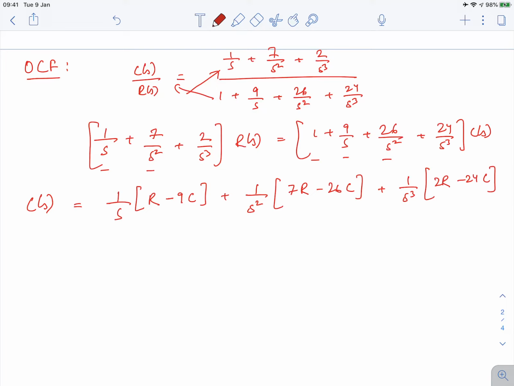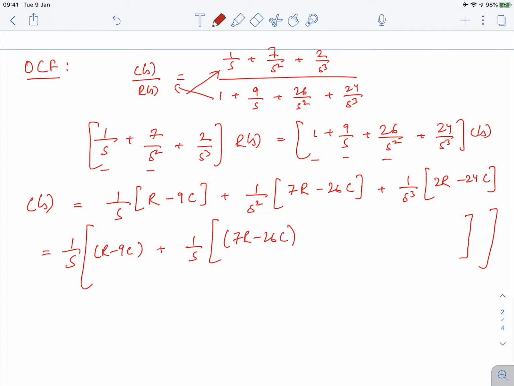Okay, and now I would write 1 by s the overall bracket r minus 9c, plus 1 by s, again overall bracket, as 7r minus 26c, plus 1 by s as 2r minus 24c.